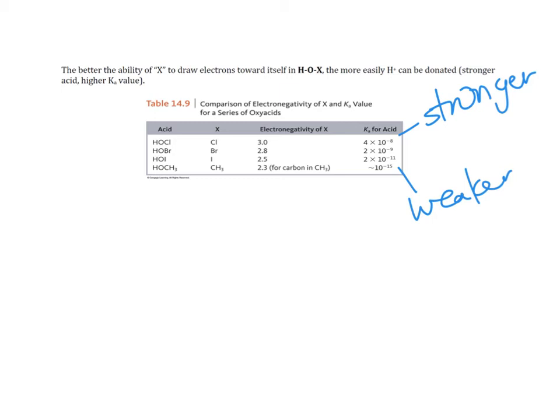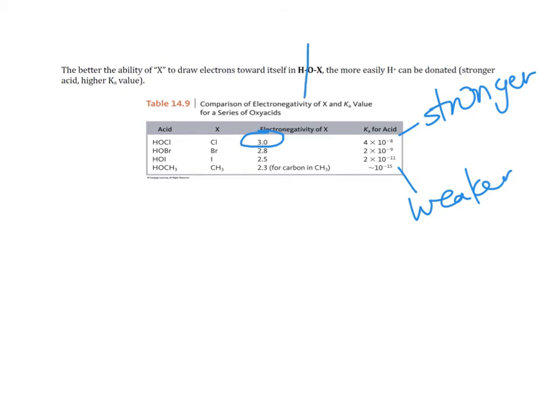So the HOCl is a stronger acid. The reason it's stronger is because its electronegativity is so high. It's good at attracting, drawing electrons toward itself in the bond, and then as a result, that hydrogen ion or proton can be donated.